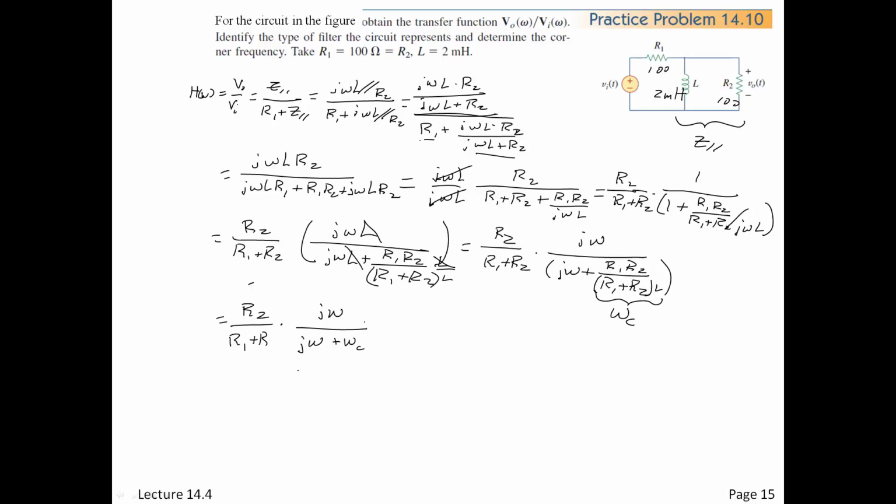So we can get this into the shape where we've got a 0 at the origin, and we've got a pole, a simple pole. Okay, so this makes a high-pass filter.